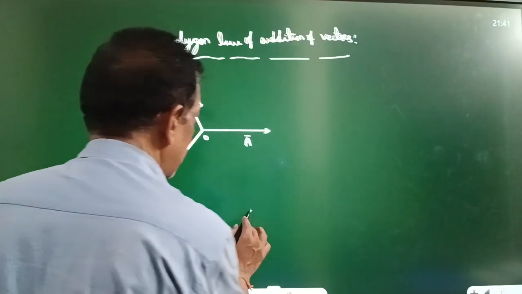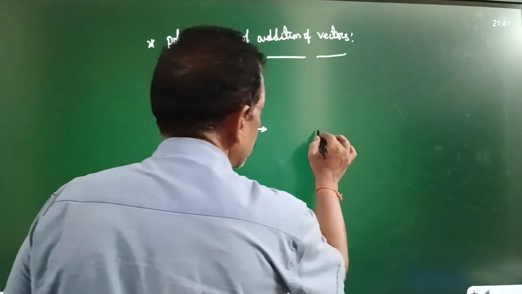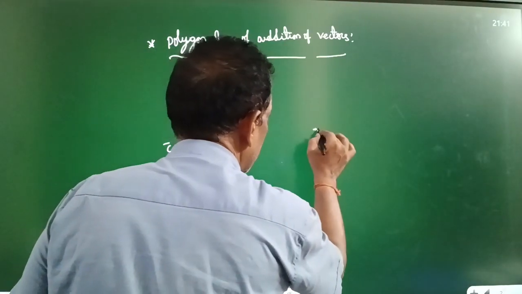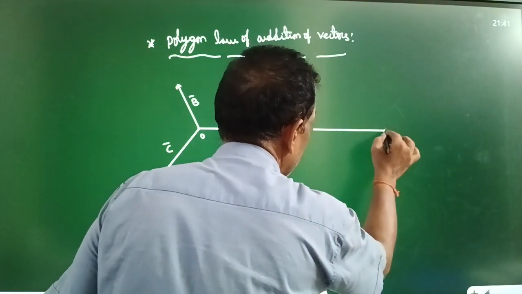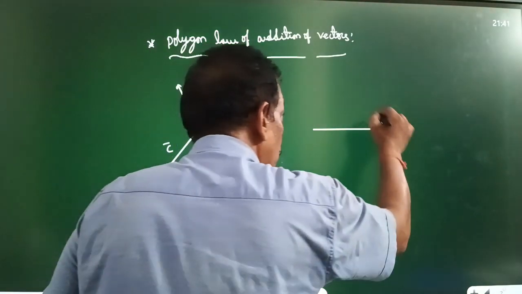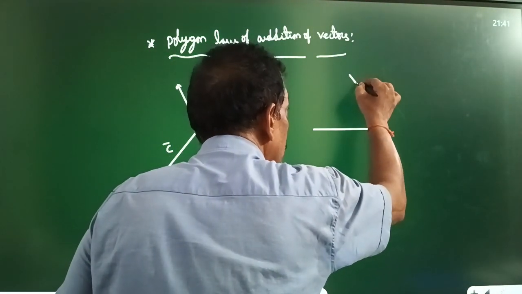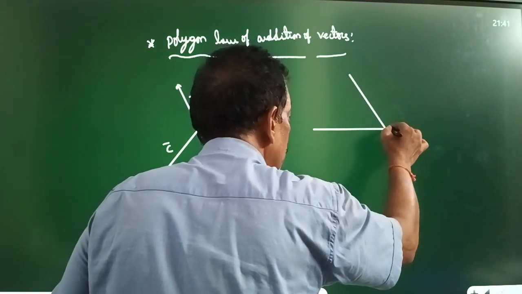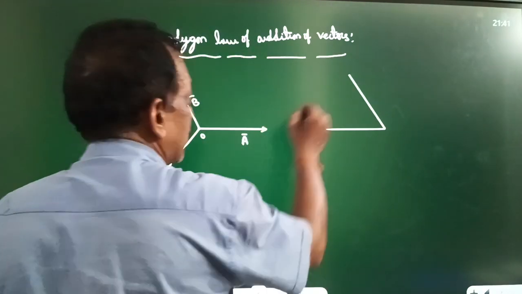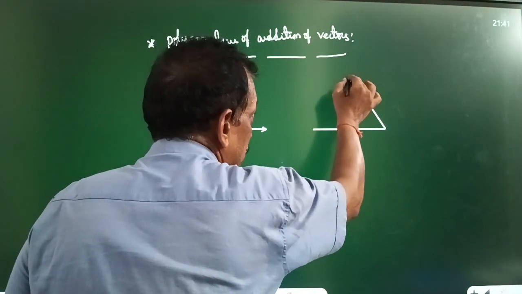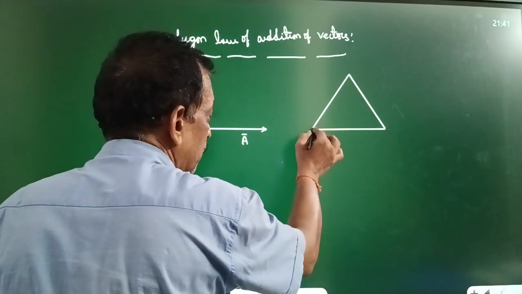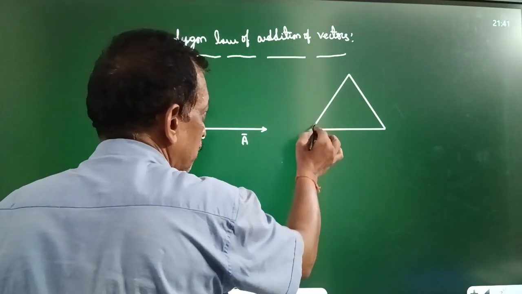By taking the reference, I am taking the reference A, and parallel to B here I have to draw, and C the closing vector is opposite to the result vector. Parallel to C I have to draw.